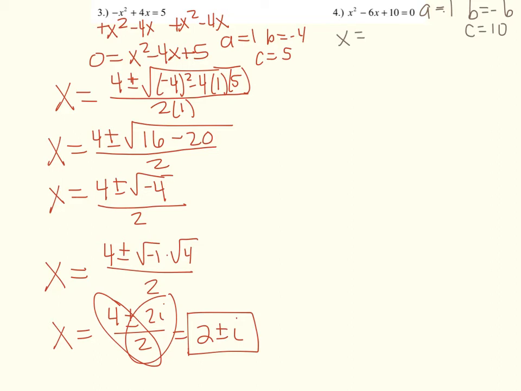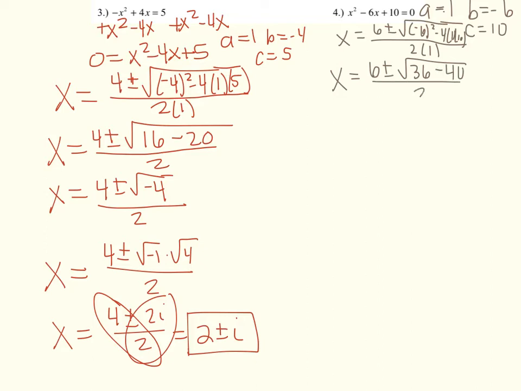So x equals, well, the opposite of b is +6, plus or minus the square root of (-6) squared minus 4 times a times c, all over 2 times the a value. So x equals 6 plus or minus the square root of 36 minus 40, all over 2.